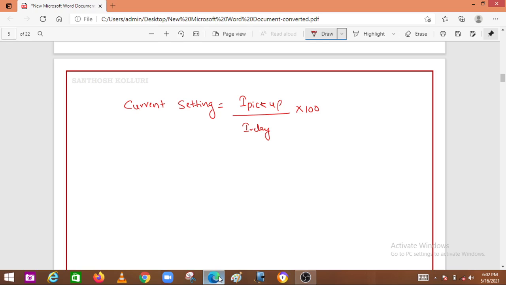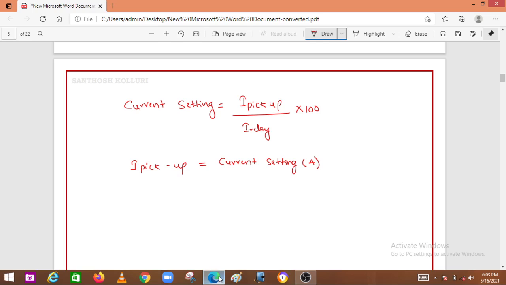So whenever there is a relay, the rating of the relay will be given. Sometimes if the relay current is not given, in that case the current setting is nothing but its pickup current only. So from this definition, I pickup current can also be called the current setting. Most of the cases relay current will not be given. That's why I am writing here. It does not mean that pickup current is always the current setting.